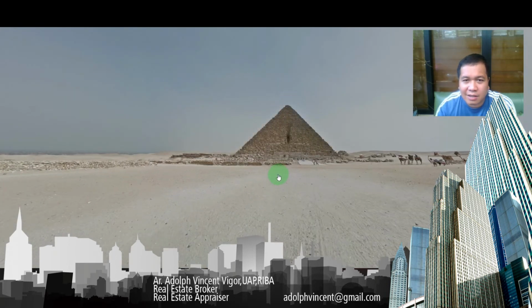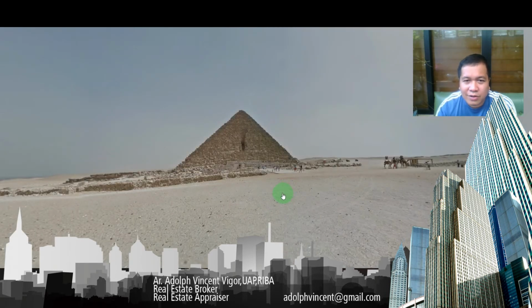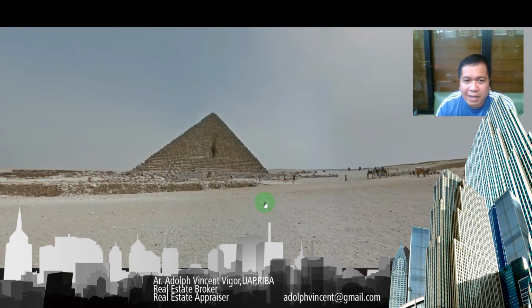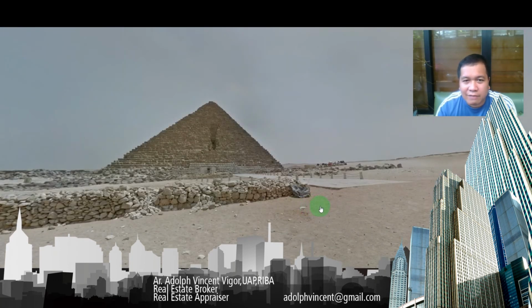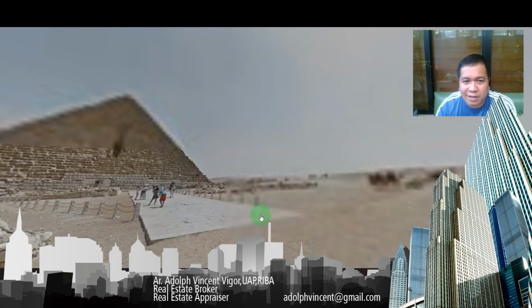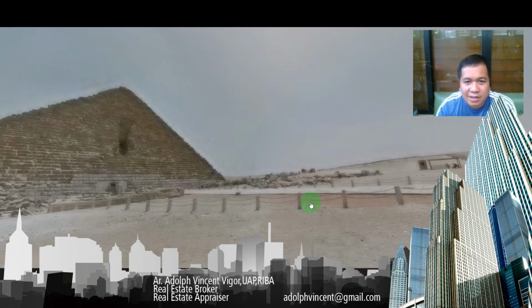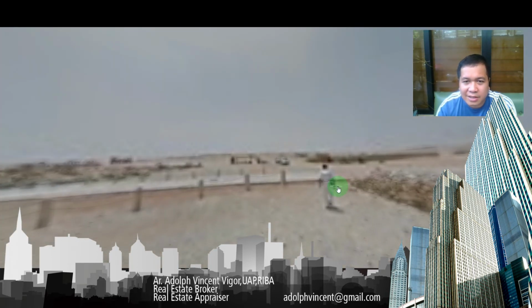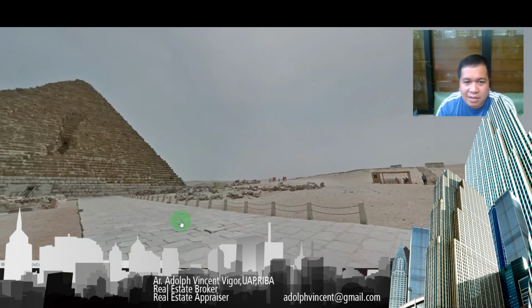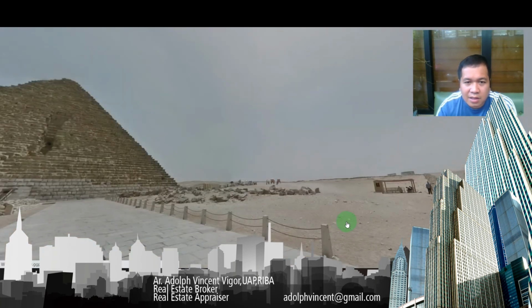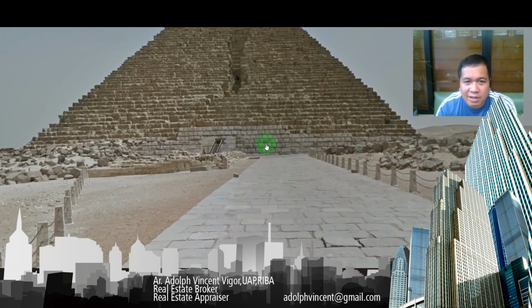So let's get closer to Menkaure, which is the smallest among the three. Nice. So I think this is the closest that we could go.